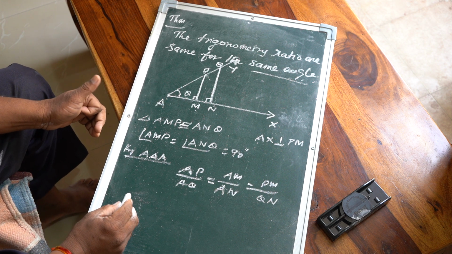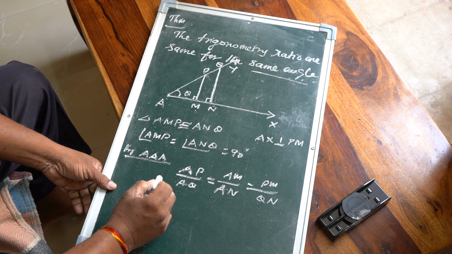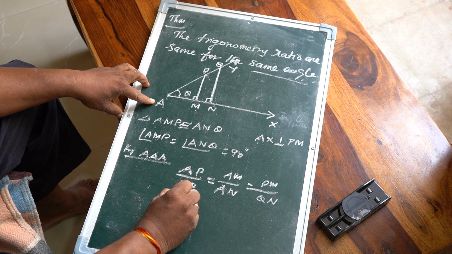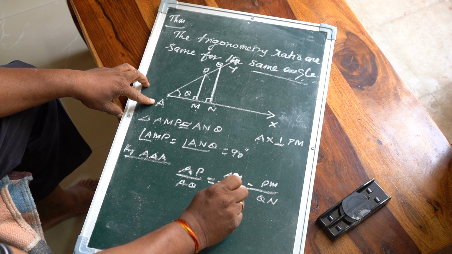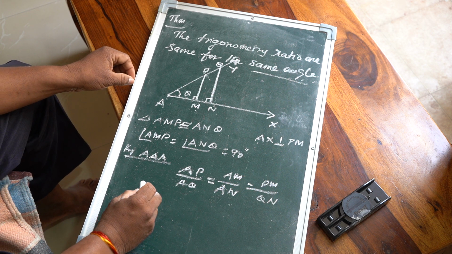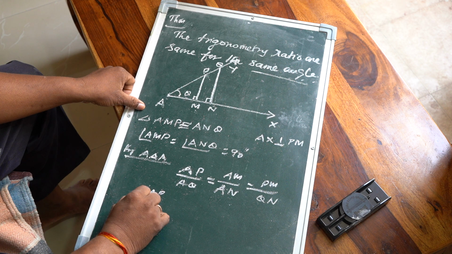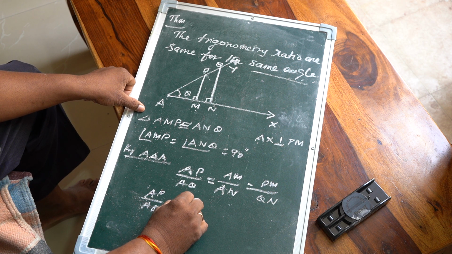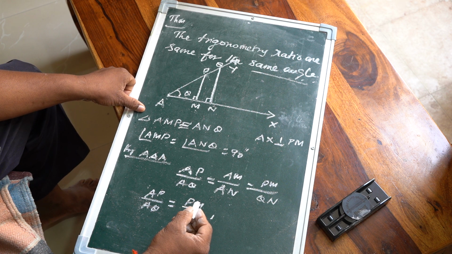See, AP by AQ equals PM by QN is one part.